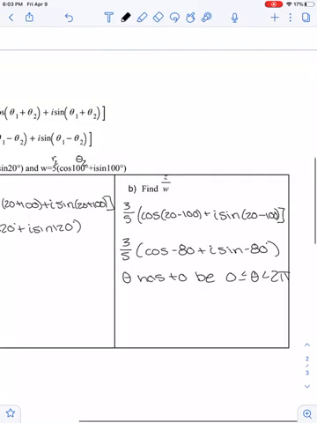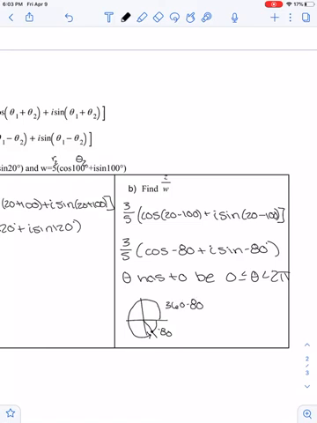Since it can't be negative 80, we're going to look at our unit circle. Negative 80 would be about here. So how would we figure out the positive angle all the way around? We can get that just by doing 360 minus 80 degrees, and we get that that equals 280.